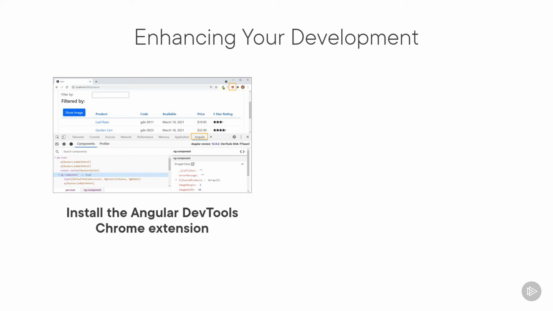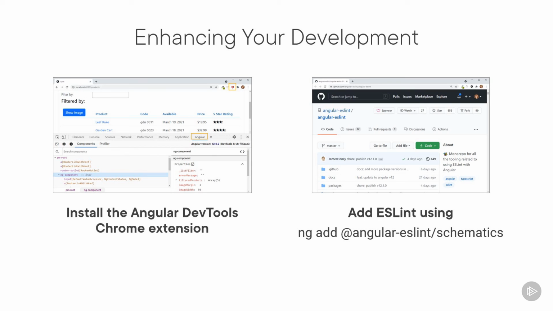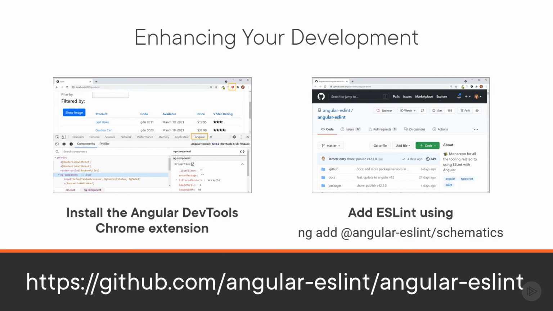Consider installing the Angular DevTools Chrome extension. The Angular DevTools provide debugging and profiling capabilities specifically for Angular applications. And with TSLint now deprecated, you can add ESLint features to your project using the Angular CLI ng add command. See this GitHub repo for more information.